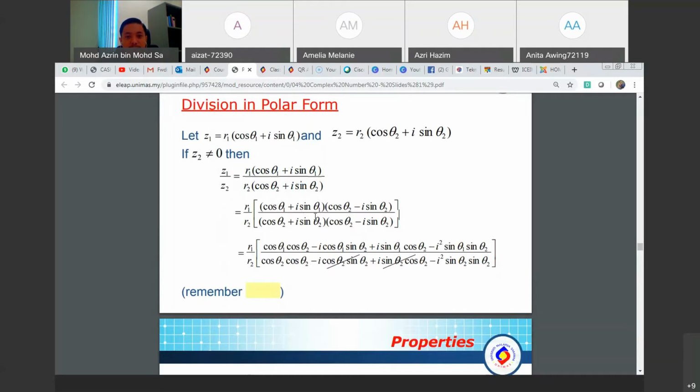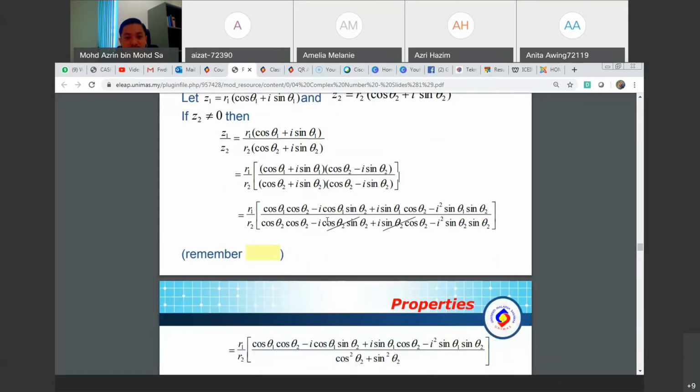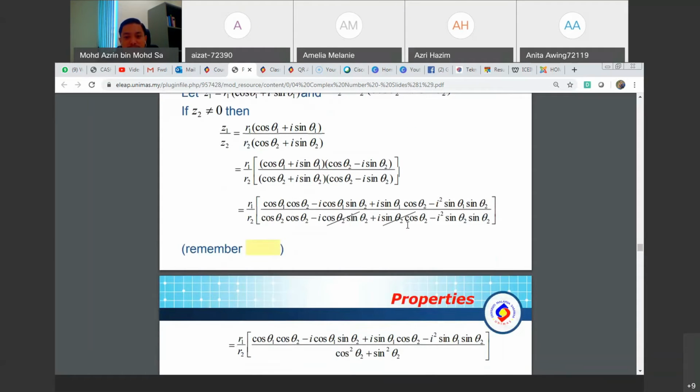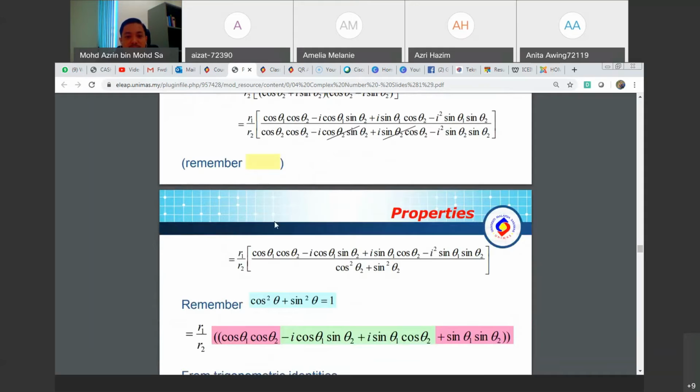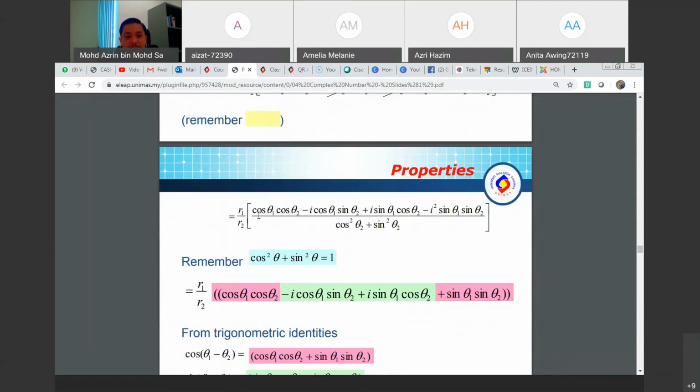So you get cos theta 1 plus I sin theta 1 times cos theta 2 minus I sin theta 2, and also multiply the denominator by its conjugate, cos theta 2 minus I sin theta 2. When you multiply the conjugate, you cancel out what can be cancelled out. Lastly, you will get this equation.